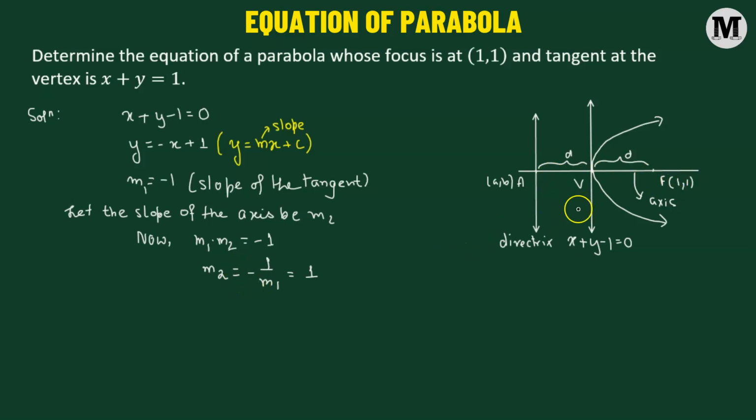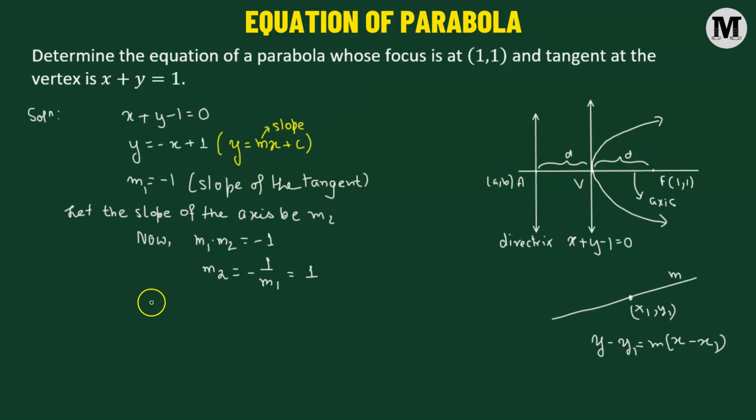Now we can find the equation of the axis line as well, because the line passes through the point (1, 1), which is the focus of the parabola. Here we use the fact that any line that passes through the point (x1, y1) with a slope of m has the equation y - y1 = m(x - x1).